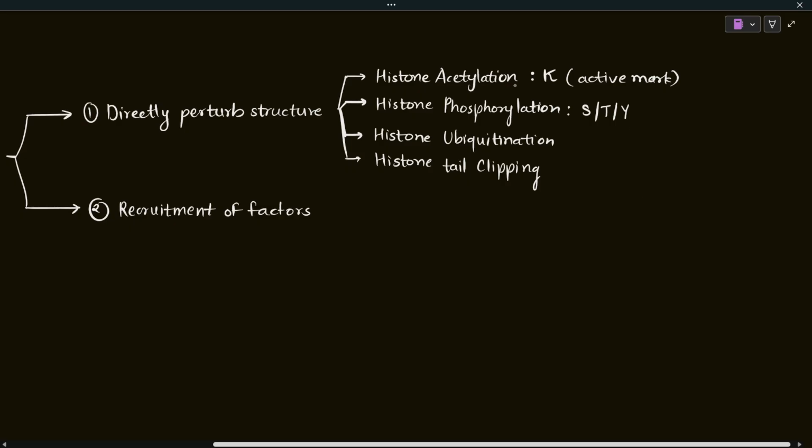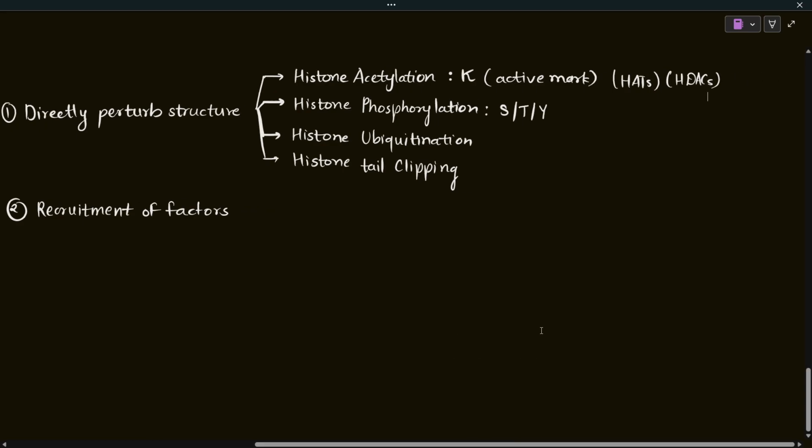The acetylation is done by HATs, and the deacetylation is done by HDACs. So addition of acetyl group is done by HATs, removal of acetyl group is done by histone deacetylases. The histone phosphorylation is done by kinases, and the removal of phosphate group is done by phosphatases.